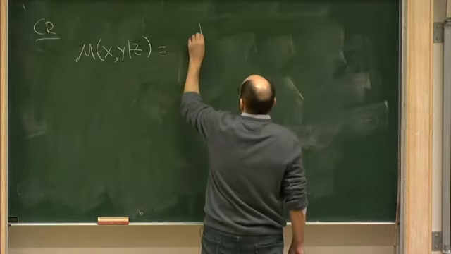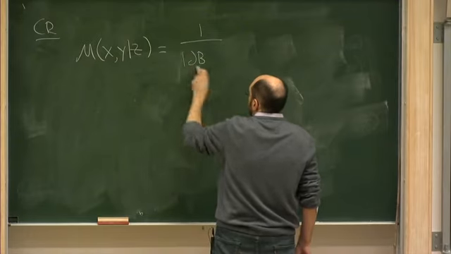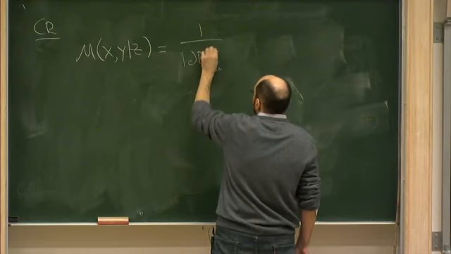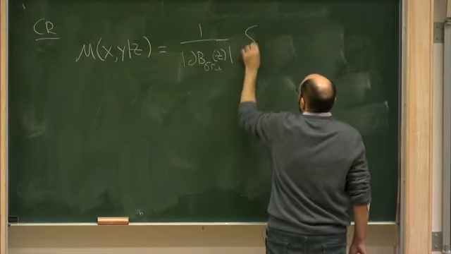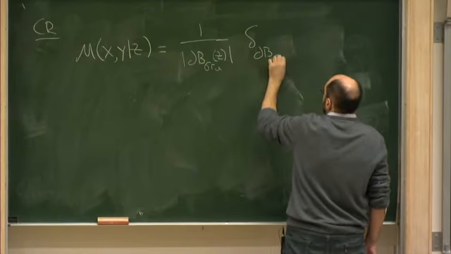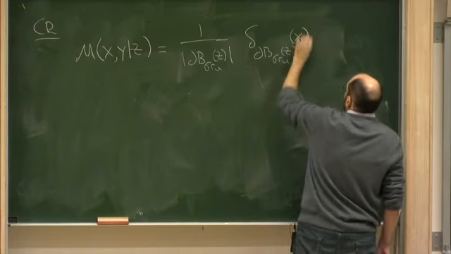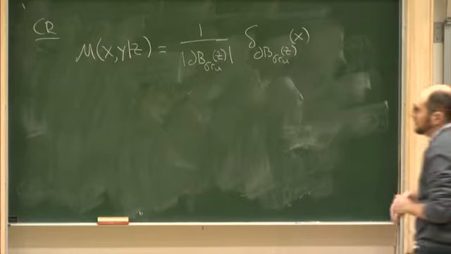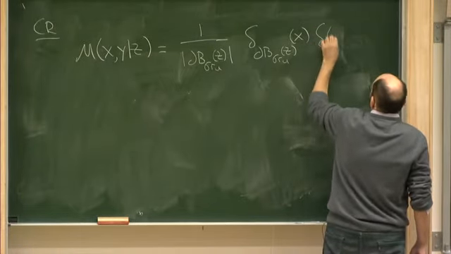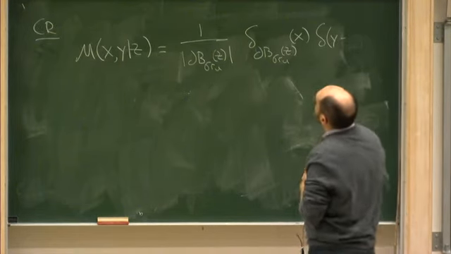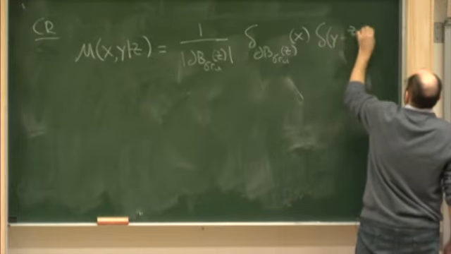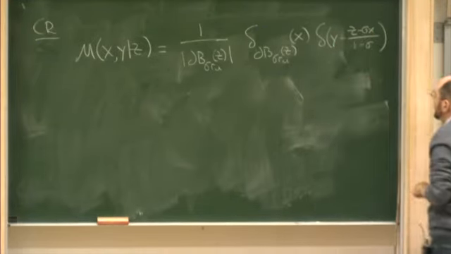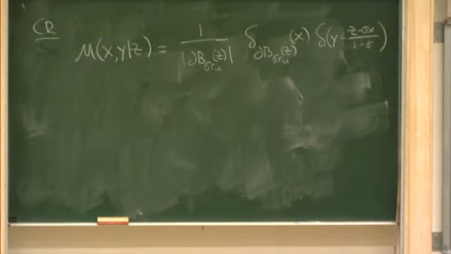So we can write that as 1 over the surface of the ball of radius sigma r_u about z times our delta surface measure for that sphere of x. That's placing down x, and that just puts it uniformly on that sphere. And then we place y by reflection, and we said, z minus sigma x over 1 minus sigma. Okay, so that looks horrifically ugly, but it's conceptually not too bad, I hope.